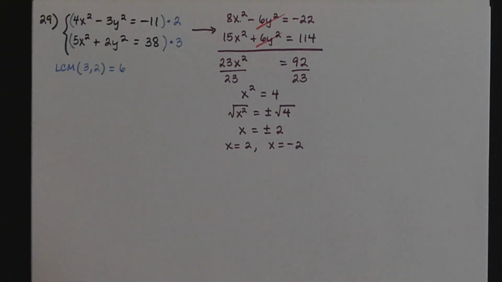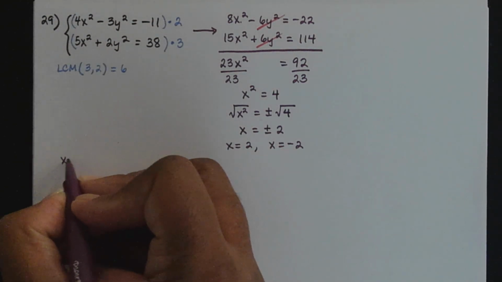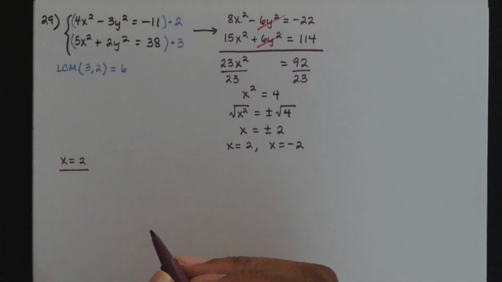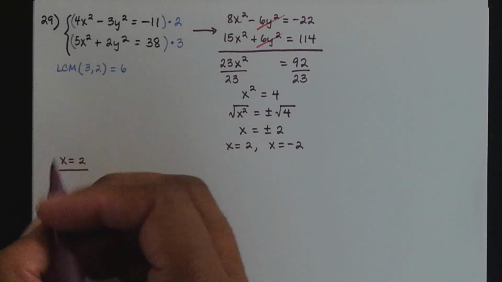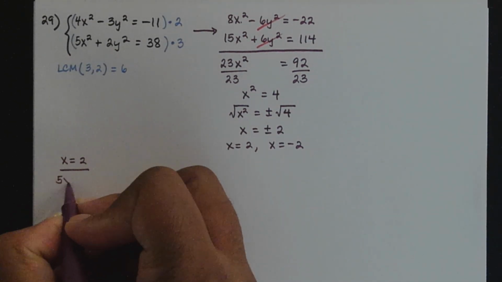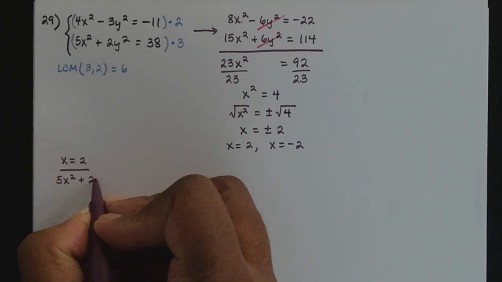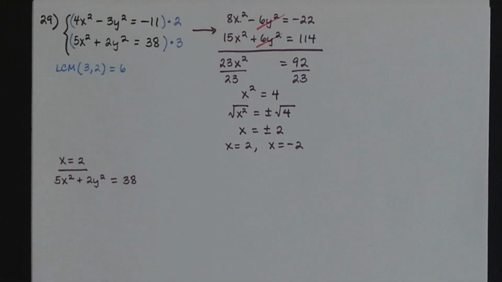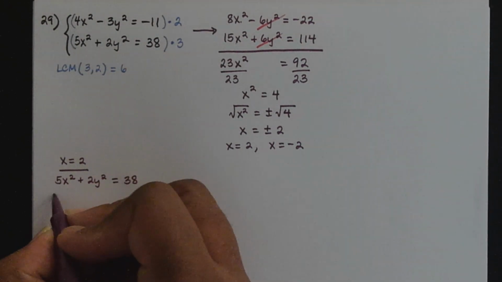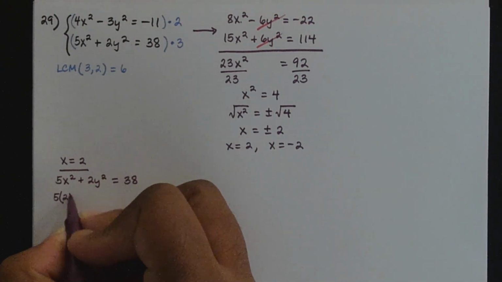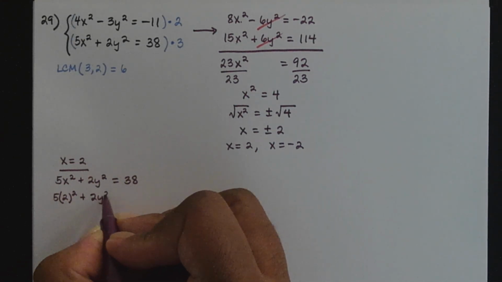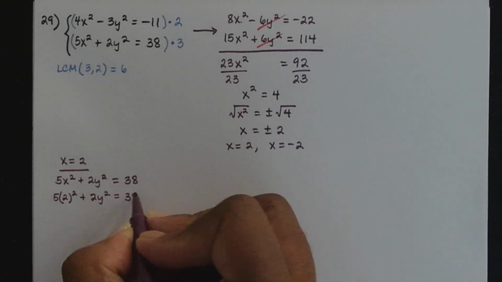So I'll start off with the x equals 2 first. And I'll go ahead and use the second equation here, which is that 5x squared plus 2y squared equals 38, and replace that x with the 2. So here I'm going to have 5 times x, which is 2, that's squared, plus 2y squared equals 38.